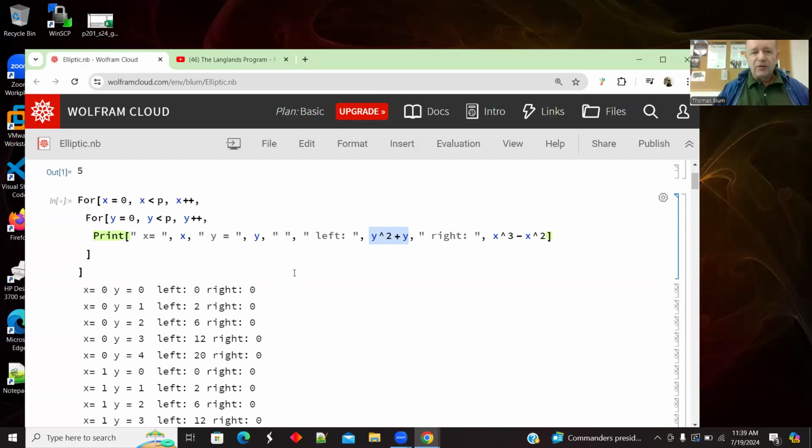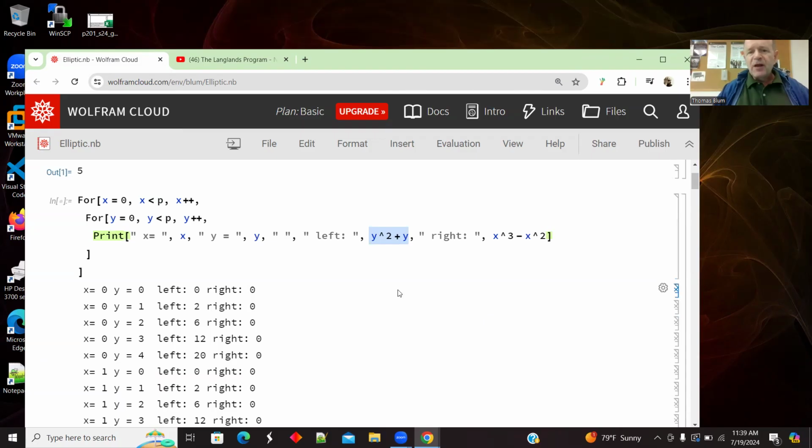And we're looking for solutions, in particular where x and y are integers, and we're going to be working with a modulus of the prime.